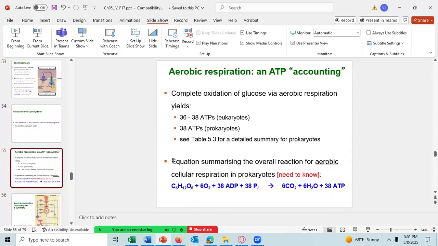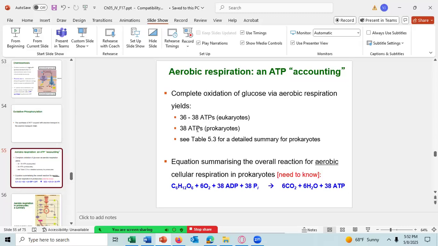So in aerobic respiration, we get ATP made. So let's account for all the ATP that's being made. For complete aerobic respiration of glucose, eukaryote cells generate 36 to 38 ATP molecules. Prokaryote cells always generate 38 ATP molecules.